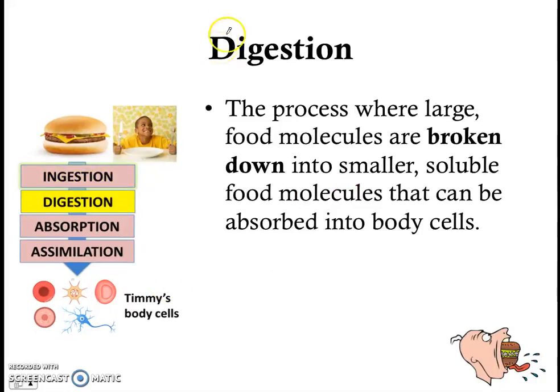Alright, next up we have digestion. Now digestion is the process where large food molecules are broken down into smaller and soluble food molecules, right? So that these smaller soluble food molecules can be absorbed into body cells. So large food molecules, for example, right, we learned about some in our last topic.